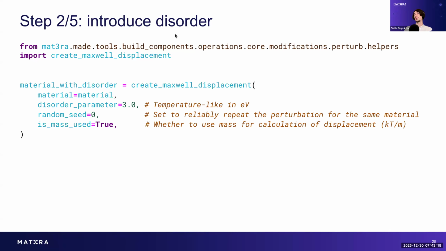To introduce disorder, we need to create a Maxwell displacement function from the Mat3ra made tools. We'll pass material, we'll pass disorder parameter, which here is a parameter which is temperature-like, around eV, the same order as electron volts. Then we have the random seed, which lets you reliably repeat the same perturbation applied to the same material.